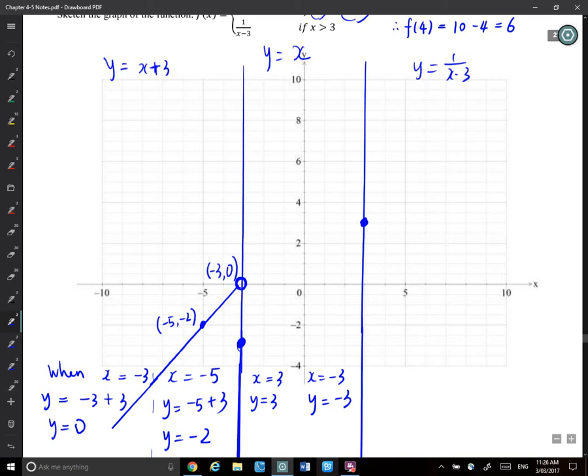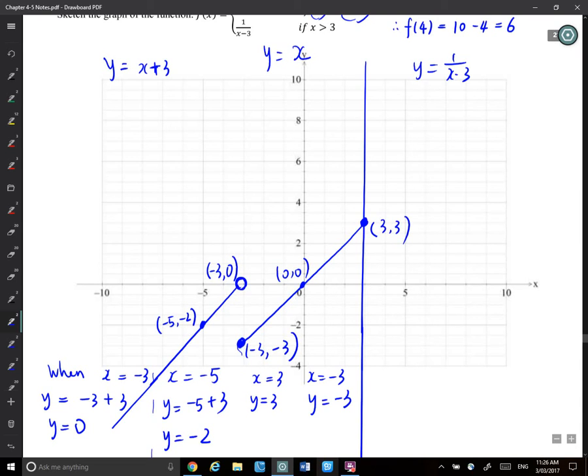It will pass through 0, 0, the intercept, so I need to label 0, 0. I also need to label 3, 3 and -3, -3 because those are the endpoints. Let's take off this straight line here. The graph looks like this for the first 2 parts.